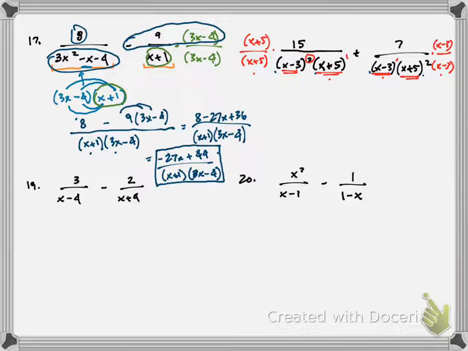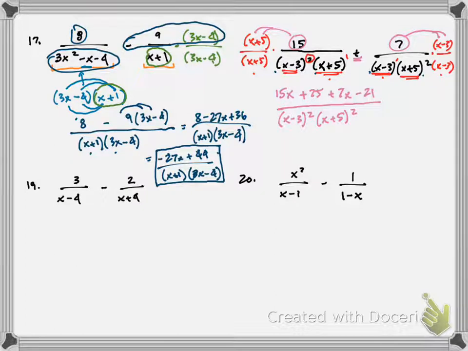Okay. Now, this 15 is going to have to get distributed to both of these terms, plus 7 gets distributed to both of these, and we're going to rewrite our common denominator. So 15 times x is 15x. 15 times 5 is 75, plus 7 times x is 7x, and 7 times negative 3 is minus 21, and this is all over our factored denominator, which is going to now be x minus 3 quantity squared times the quantity x plus 5 quantity squared.